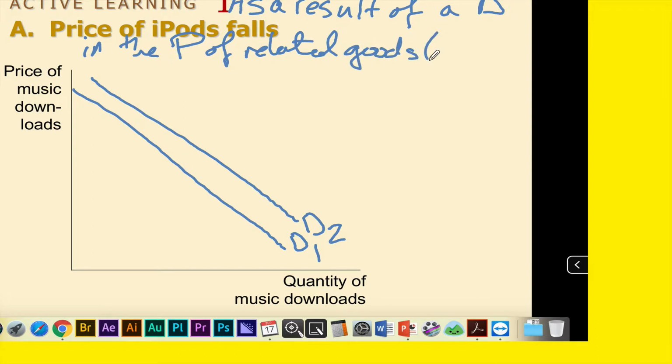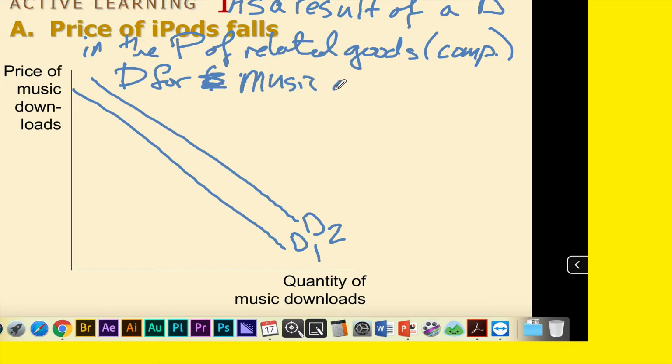And what kind of related good is it? Complement. Demand for music downloads increased.